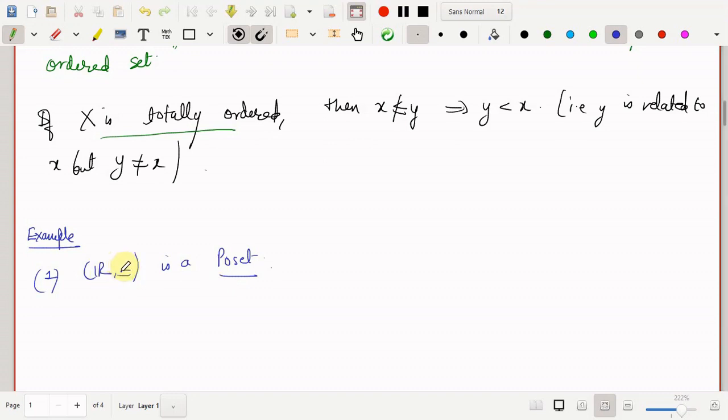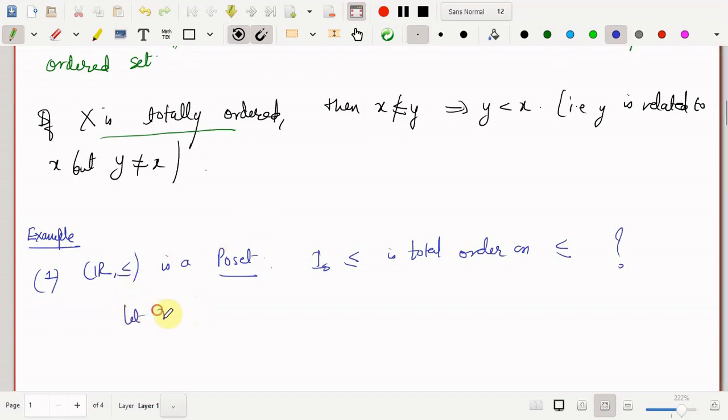Is this a total order on R? In that case, we can say that R itself with the relation is totally ordered. And yes, this is true. This is analogous to the law of trichotomy. If we choose any two elements, we can relate them.